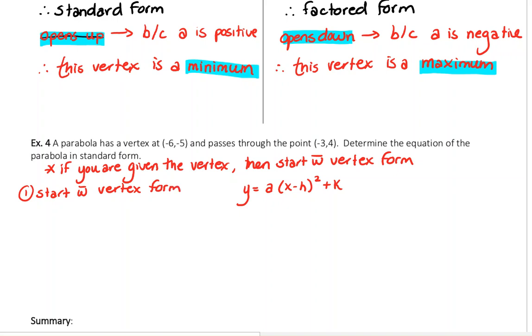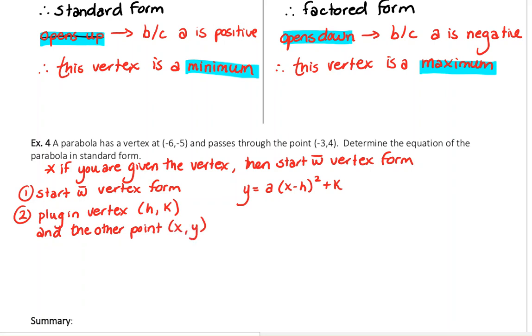Next, you're going to want to plug in or substitute in your vertex, remembering that your vertex is your h and your k value, and the other point, which is x, y.